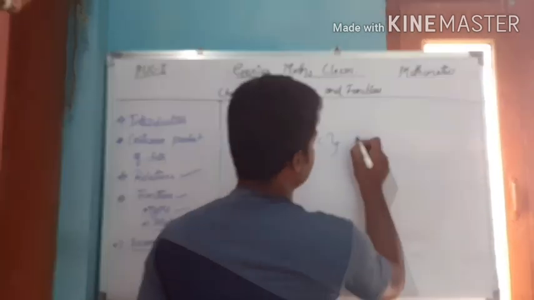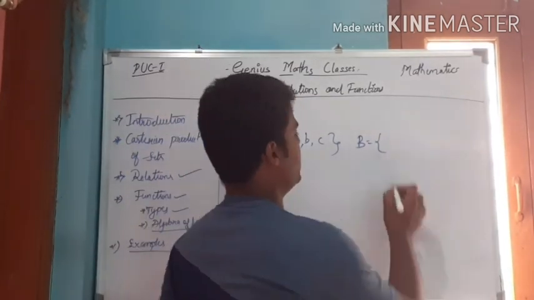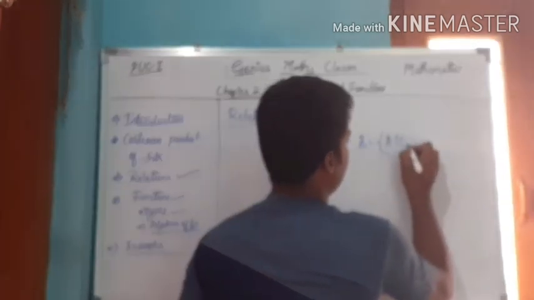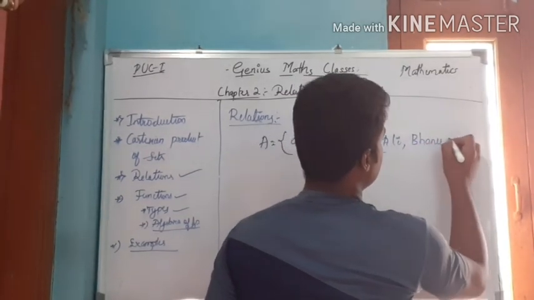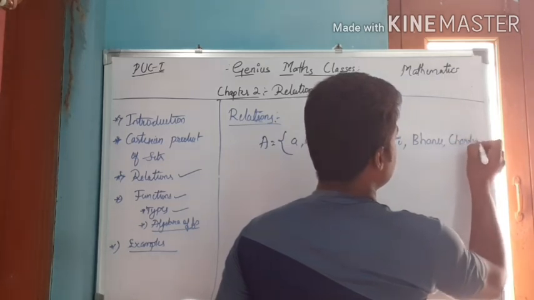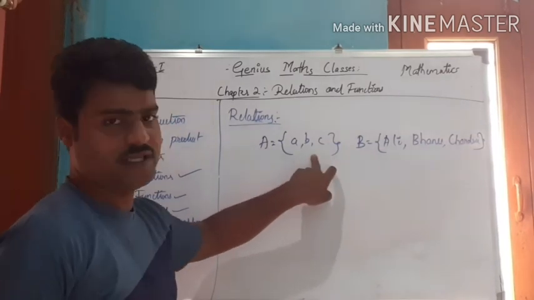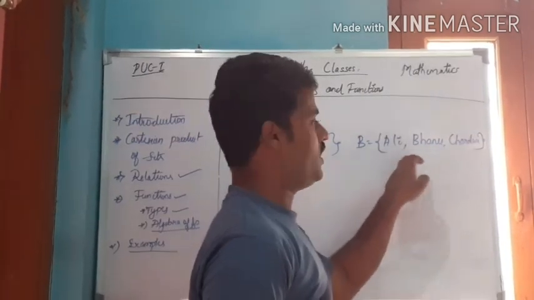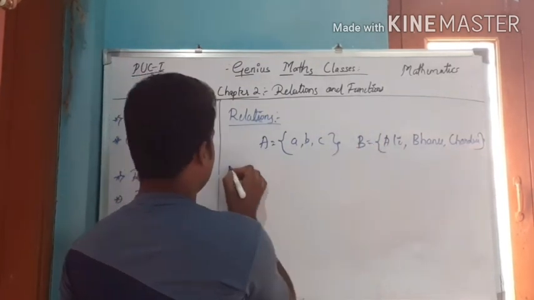I am considering the set A with the elements A, B, C. Next, I am defining the set B with some names, that is Ali, Banu, Chandru. So I am defining the set A with the elements A, B, C and B with the names Ali, Banu, Chandru, right? So what is the Cartesian product A cross B?